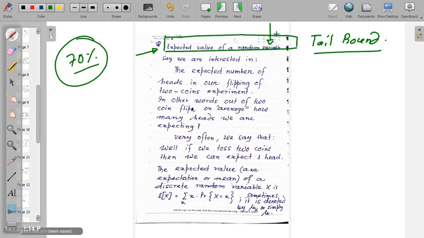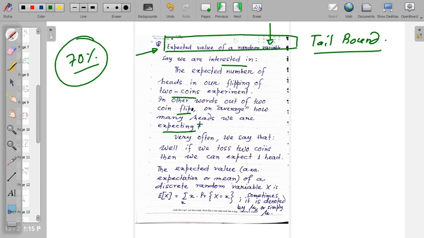We can understand this with the running example of two simultaneous coin flips. Okay, and say we are interested in the expected number of heads in our experiment of flipping two coins. In other words, out of two coin flips, on average, how many heads are we expecting?